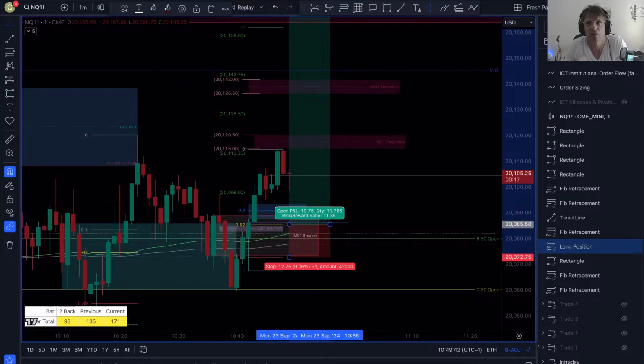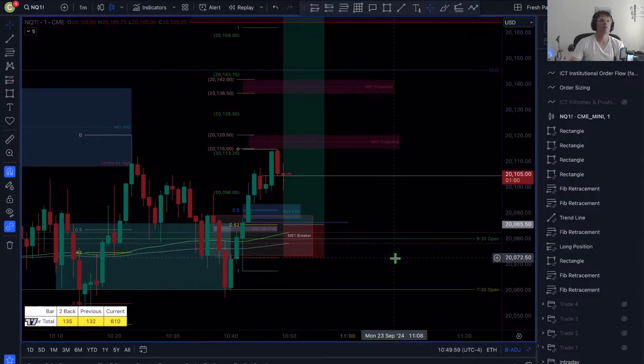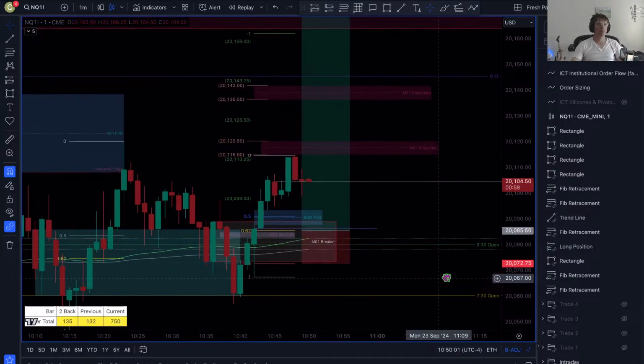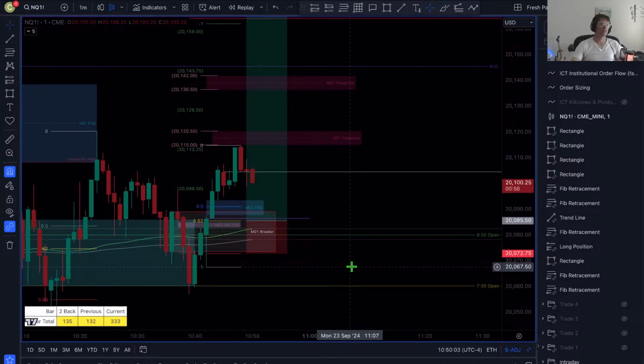Just stop at 20.72.75. $20.85.50. Take that wick. It's not the intermediate low.